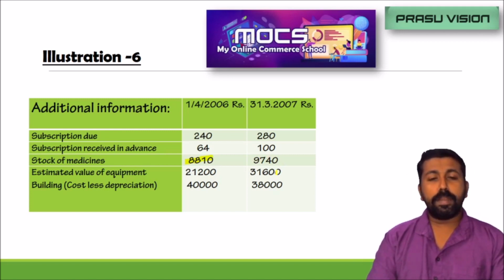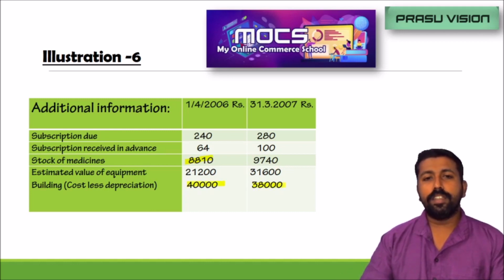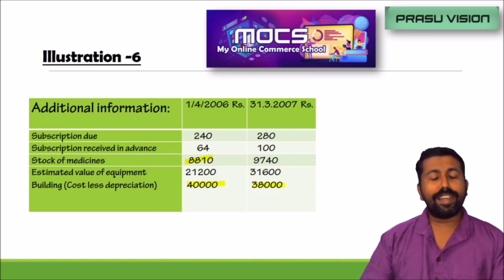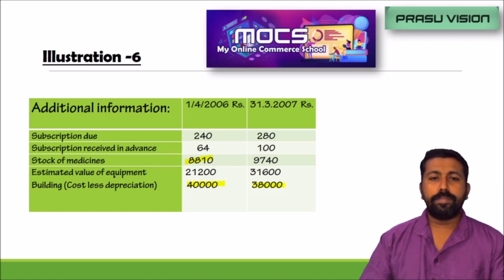An estimated value of equipment is given to find out the depreciation. We have to use some equations to find the depreciation. We will learn that. For the building, the opening value is 40,000 and the closing value is 38,000. So from that itself you can find a difference of 2,000. We have to treat that 2,000 as depreciation. Those are the things from the additional information.